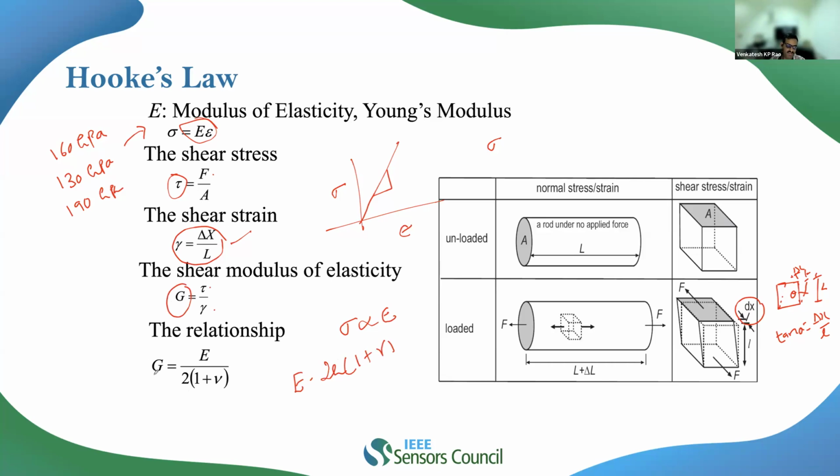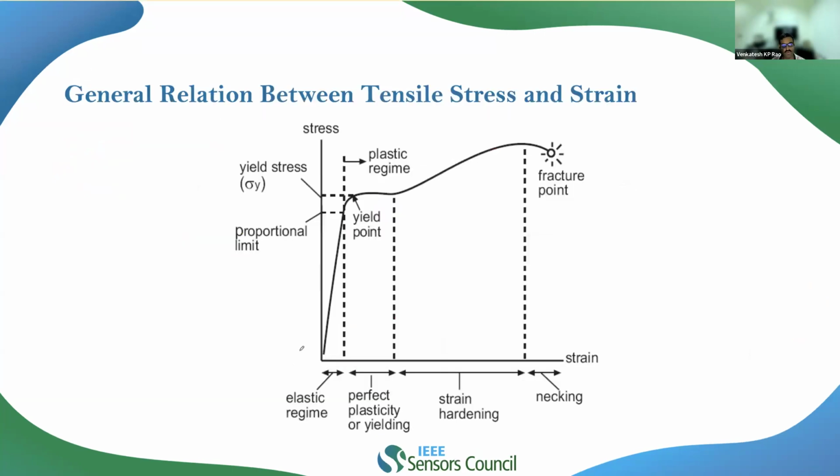The same thing is represented as G equals E divided by 2 times (1 plus nu). This is a typical stress-strain curve you will get for any elastic material, for example a ductile material like aluminum or steel. This is how the typical stress-strain curve comes out.